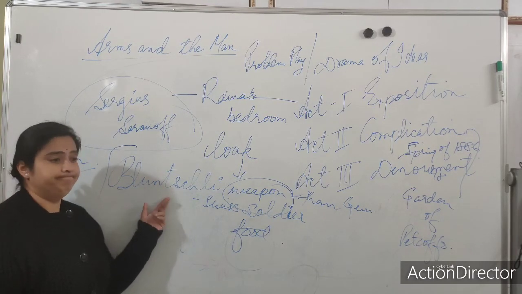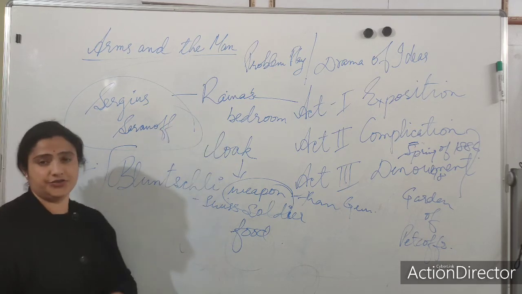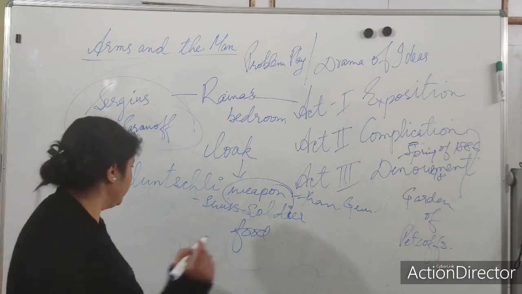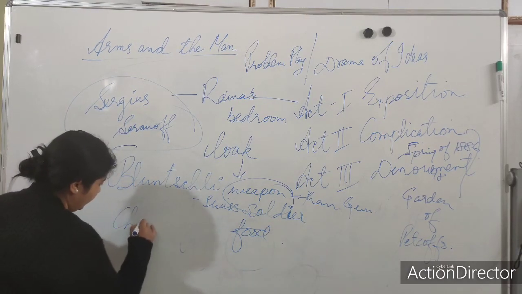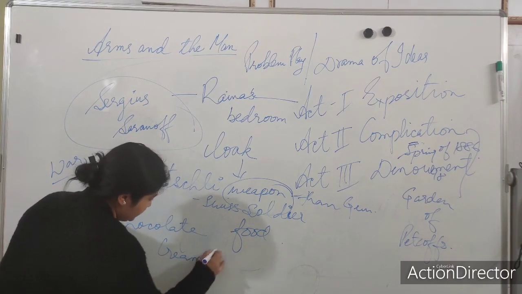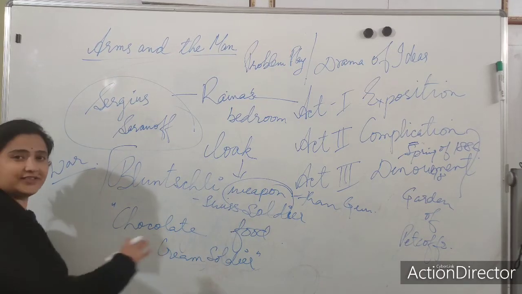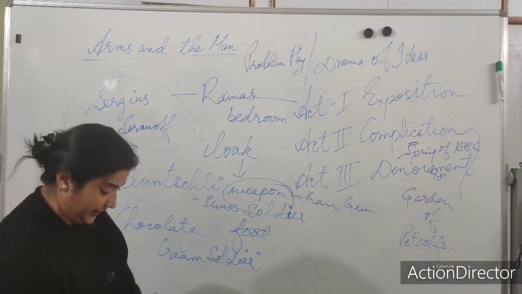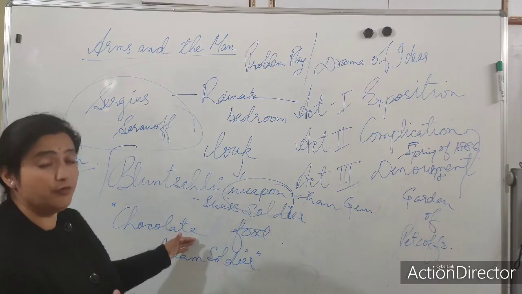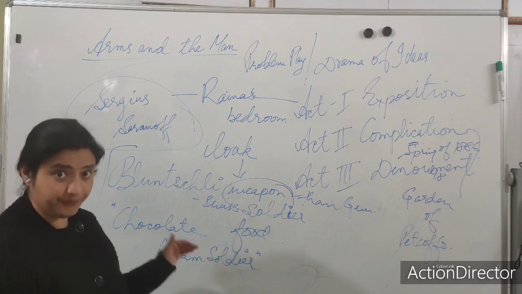And what happens is, Raina is so excited to see him that she calls him, oh my chocolate cream soldier. Huh? So this is how she mentions him, and the way she talks to him and about him is something which is being noticed by Louka, right?